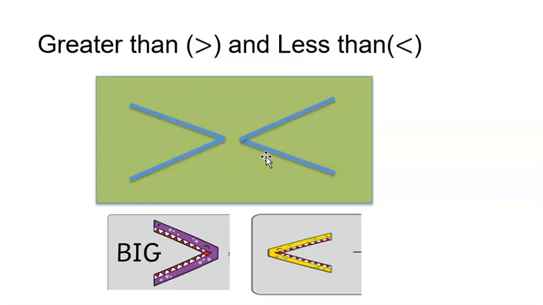We got that right? Good. The greater than is any number or object that is greater than another, and the less than is any number or object that is smaller than the other. We got that right? Good.